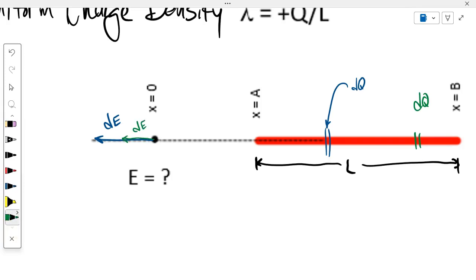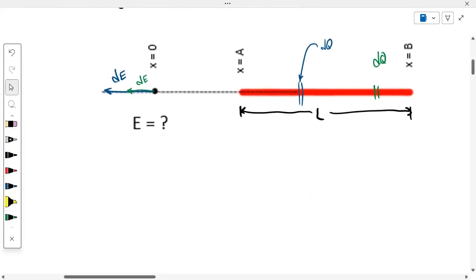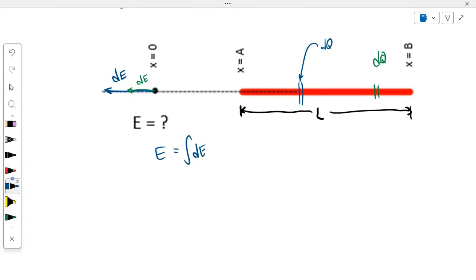All of those dqs add to the total field at the origin. So the total field at the origin is the sum of all the dEs. I'm doing magnitude right now as opposed to vector field. We'll define the vector field later.